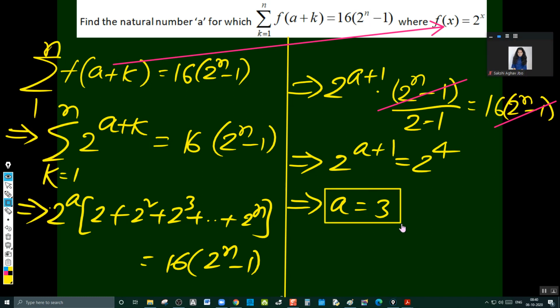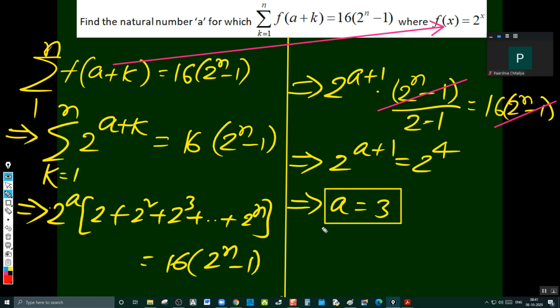Now, if this is the question, if I remember well, this question in functions is given in a different way. They will not mention the function here. They will give that function as a functional equation. If you remember, what is a functional equation?